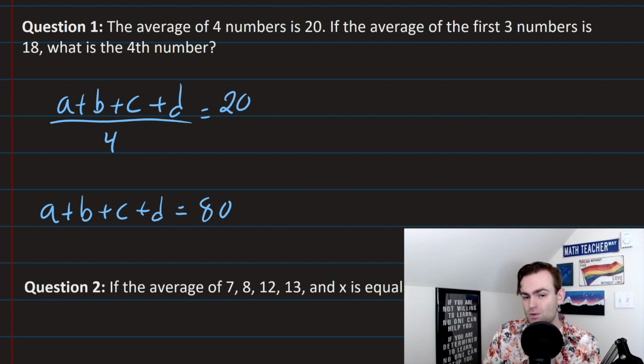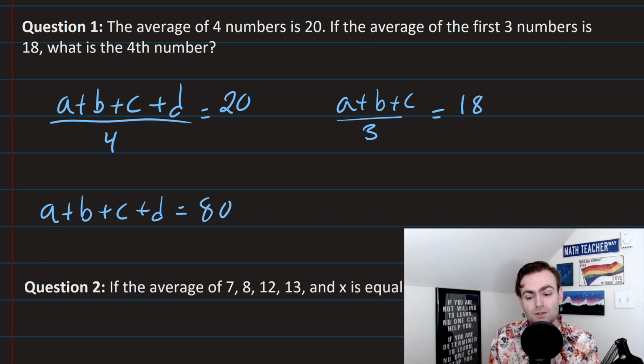Now let's move towards the descriptor, which is giving us more information to actually solve the problem. So the average of the first 3 numbers is 18. So A plus B plus C divided by 3 is equal to 18. So now we can actually figure out what A plus B plus C is, which will help us figure out what D is.